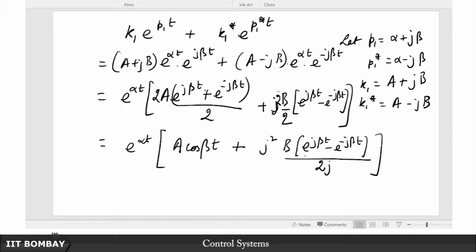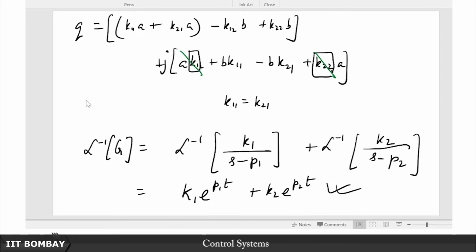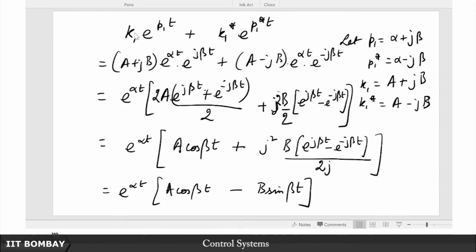This whole term is nothing but sine beta t. Therefore we end up with e to the alpha t times a cosine beta t minus b sine beta t, and there we have it. So I have shown you that even if you have transfer functions with complex poles, you apply exactly the same method, namely equating coefficients, and you will still end up with something that looks like this.